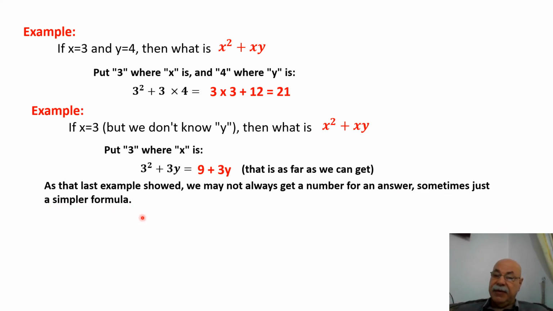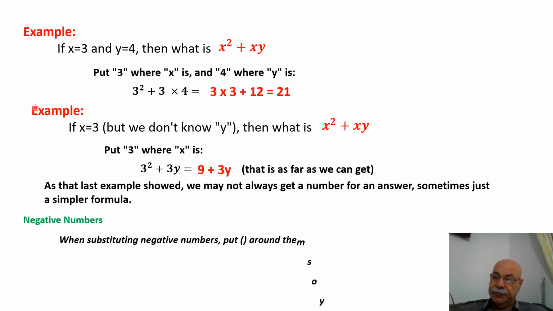I simplify this to this simple formula. With negative numbers, when you substitute a negative number, put brackets around it to get the calculation right and write it out.